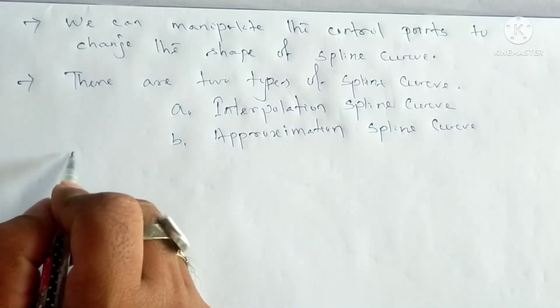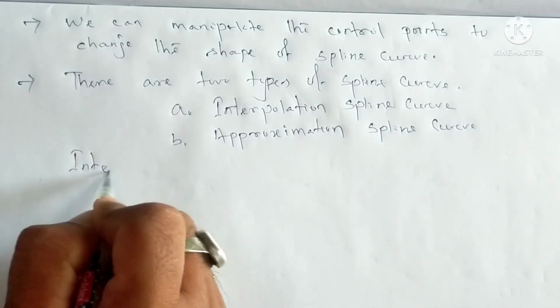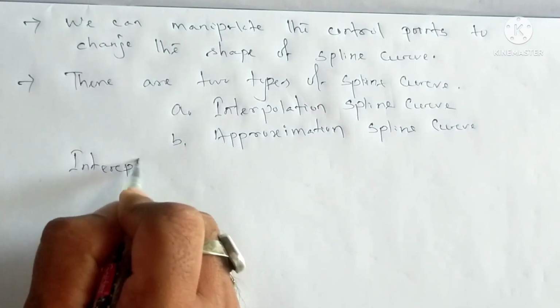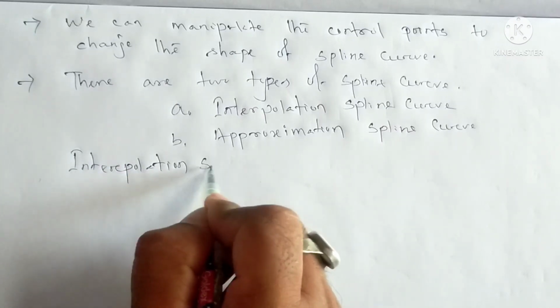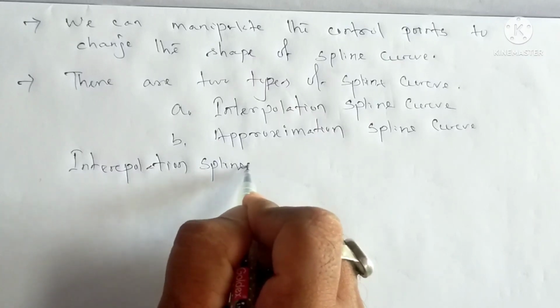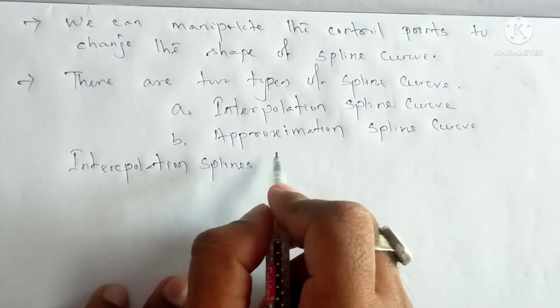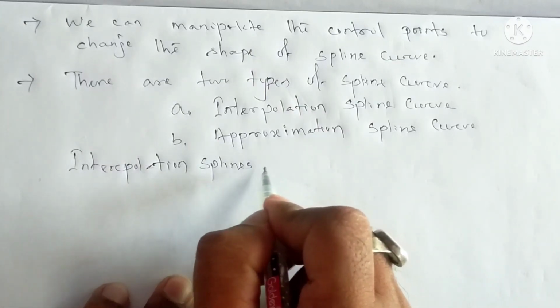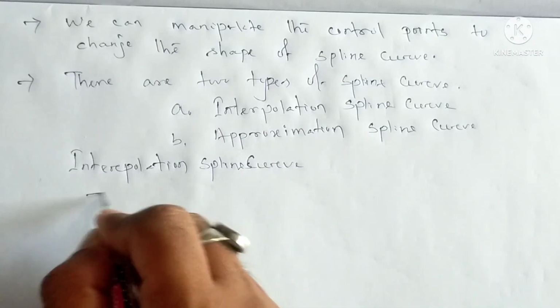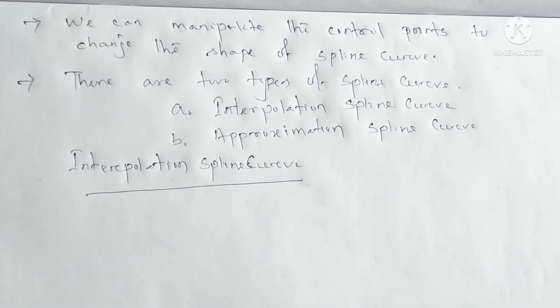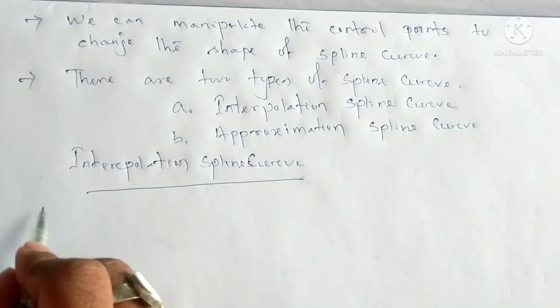So what do you mean by the interpolation spline curve? If all the control points pass through the curve, then we can say that curve is an interpolation spline curve. So what is the meaning?